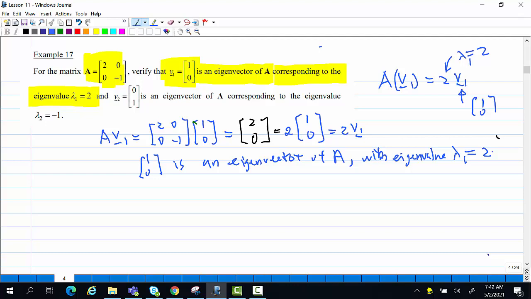Because it's an eigenvector, there are many eigenvectors. For example, if you take 4 times 1, 0, which is 4, 0, it is also an eigenvector.